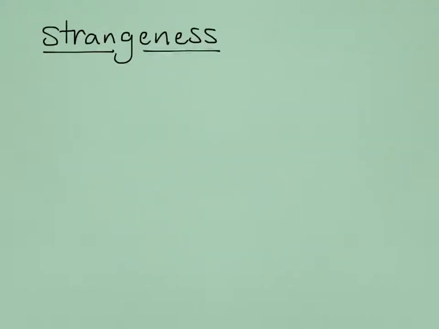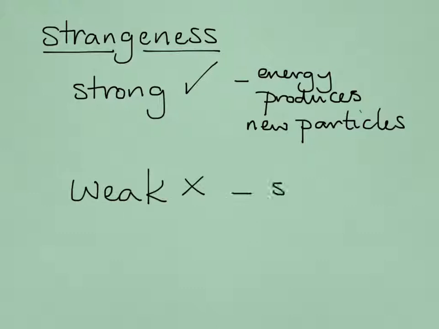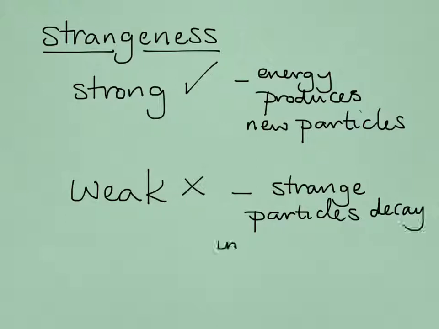Okay. Strangeness is conserved in the strong interaction. So, for example, when these massively energetic collisions produce new particles, then strangeness has to be conserved. But it's not conserved in weak interactions. So when strange particles decay into normal particles, you don't have to conserve strangeness.